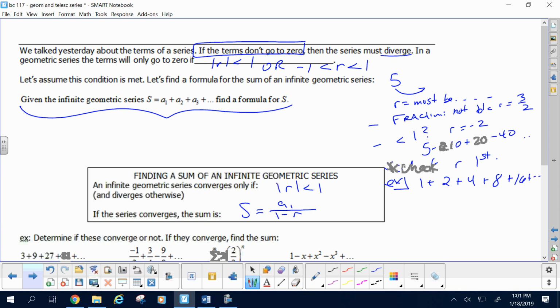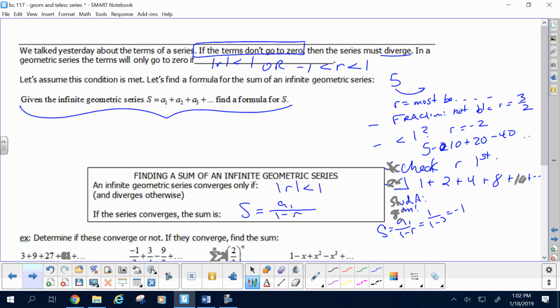And student A, the knucklehead, will say, oh, it's geometric. The sum is A1 over 1 minus R. What's A1? 1. What's the common ratio? 2. And so they would assert that that answer is -1.